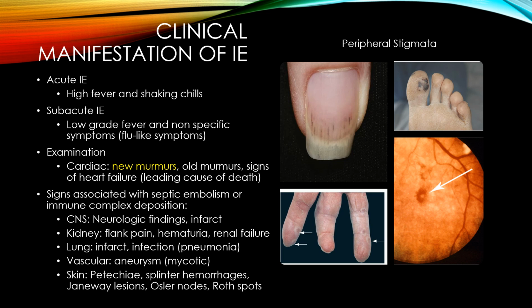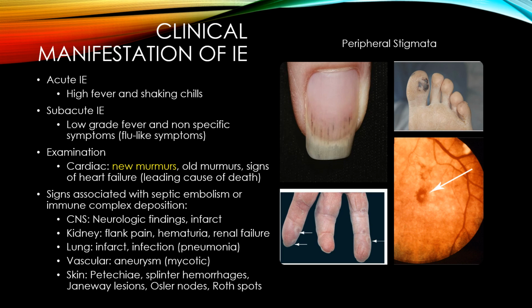On examination, a couple of things to keep an eye on. First off, on the cardiac exam, any new murmurs. Somebody's coming with high fevers and shaking chills, or in this case, low-grade fever or non-specific symptoms. If they have a new murmur, that's definitely a red flag, because they can erode through those valves. Old murmurs too, because old murmurs create turbulent flow, which can damage the endocardium, which means they're a risk.